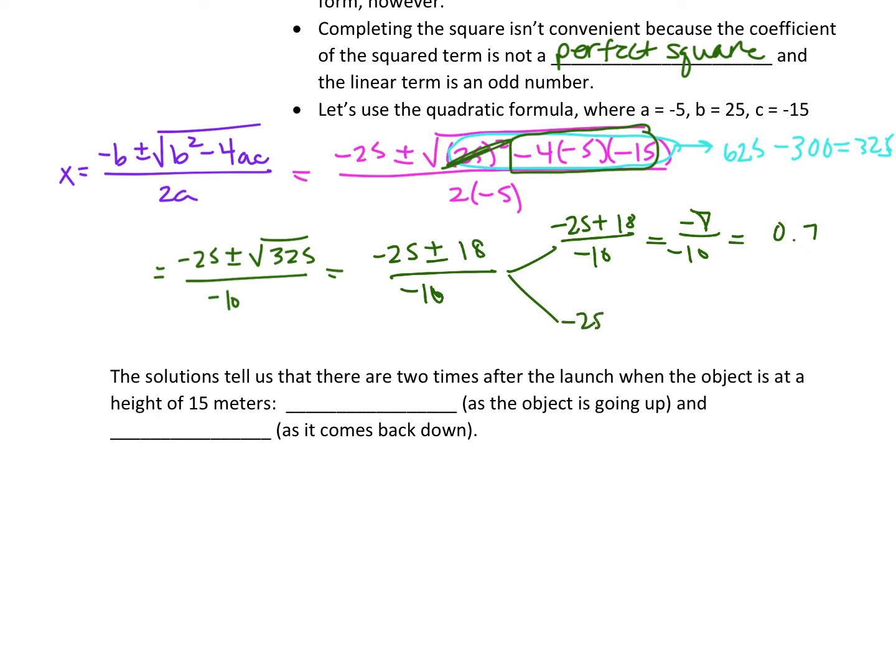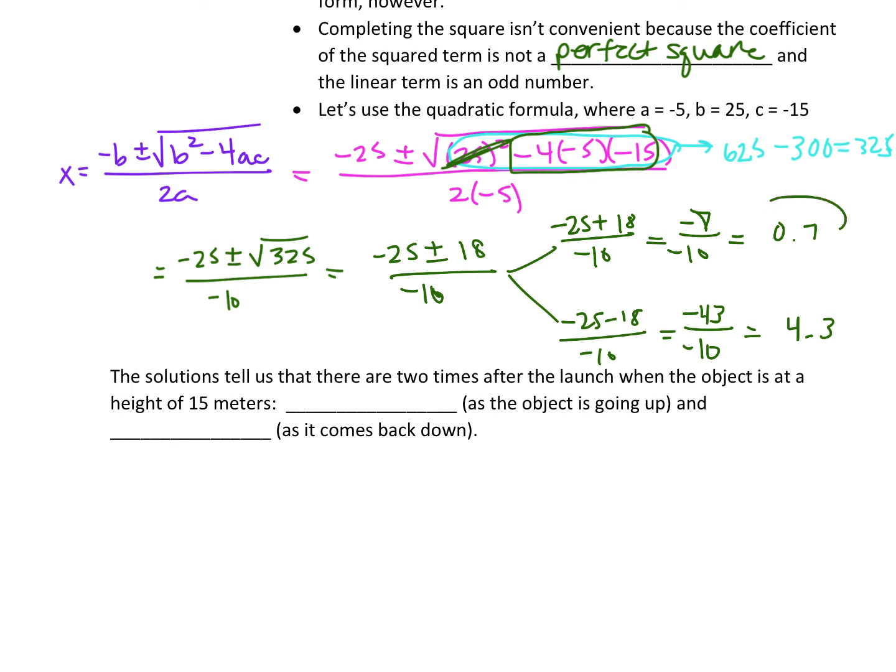You have negative 25 minus 18 divided by negative 10. Negative 25 minus 18 is negative 43, divided by negative 10 is a positive 4.3. So we got these two solutions.